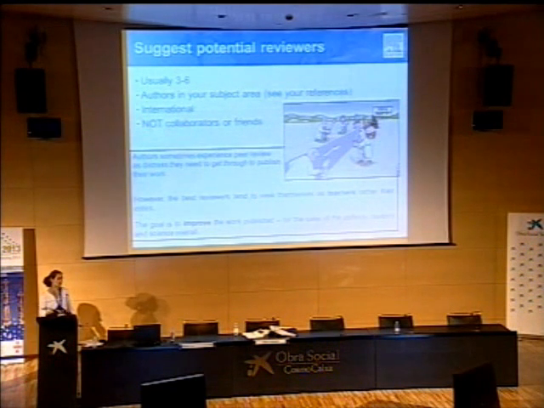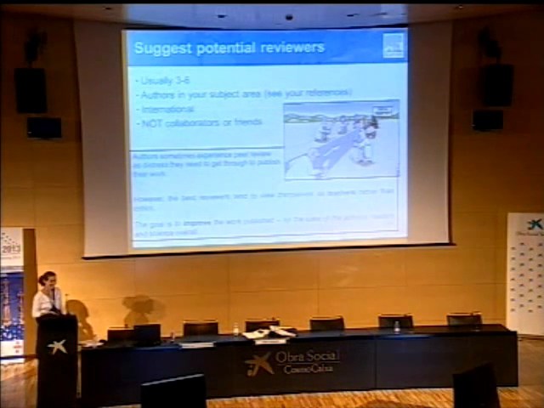Now, often you will be asked to suggest potential reviewers. And even if you're not, you should. It's something very useful for the editor that helps to increase the number of people who might review your article. Usually you might propose 3 to 6 people. It should be authors in your subject area that are experts.